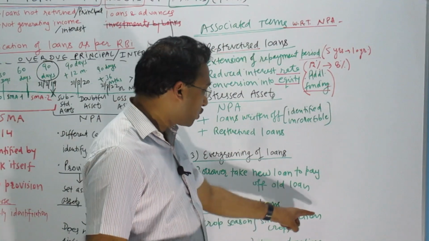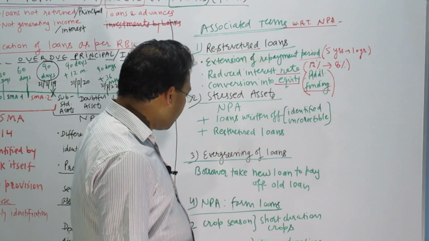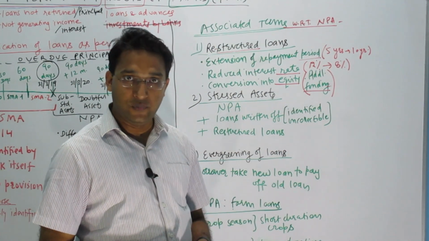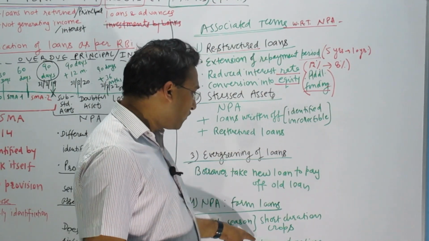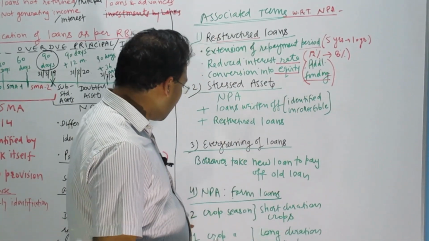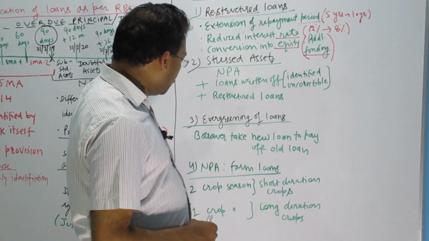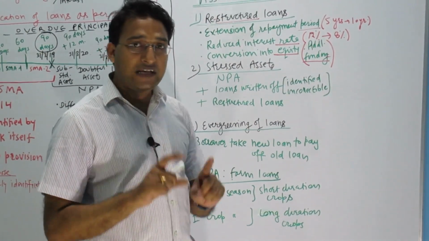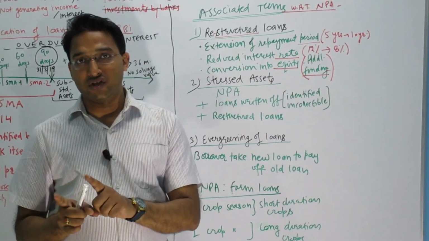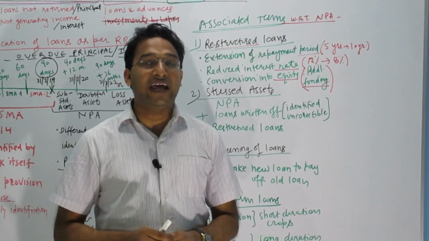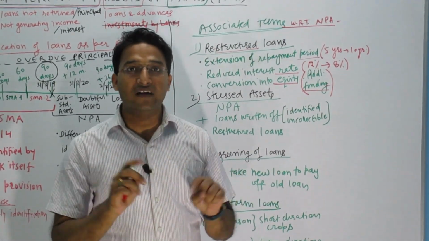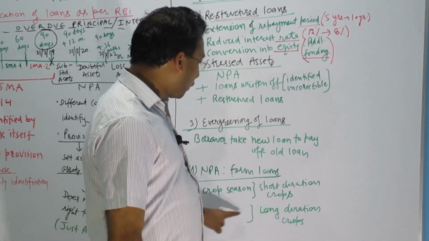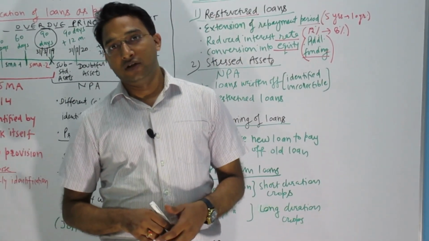In case of short duration crops, if the loan remains overdue for more than 2 crop seasons, then it is classified as an NPA. However, in case of long duration crops, if the loan remains overdue for more than 1 crop season, then it is classified as an NPA. So please keep in mind in the examination that if it is a case of an agricultural loan, then the condition of 90 days is not applicable. In that case, the condition of 2 crop seasons or 1 crop season is applicable.